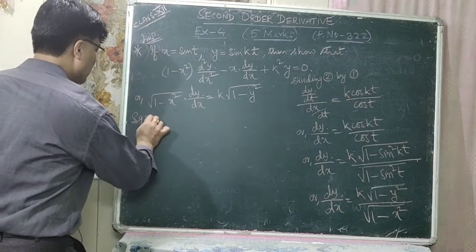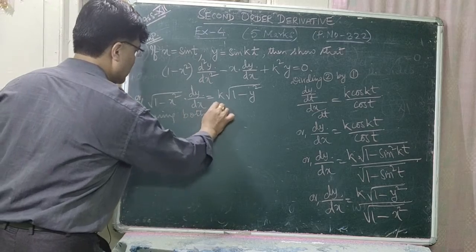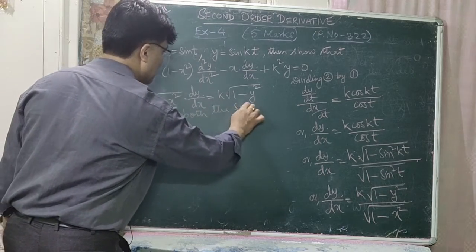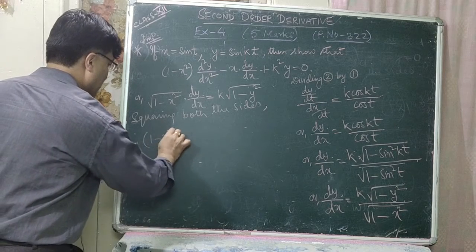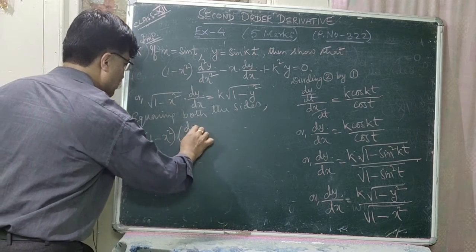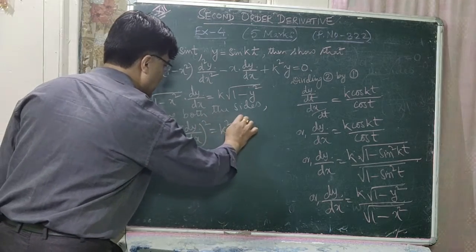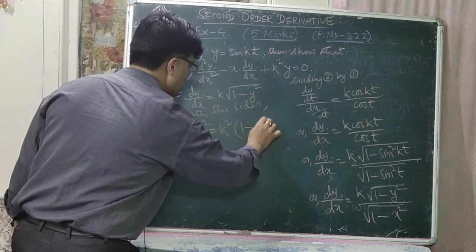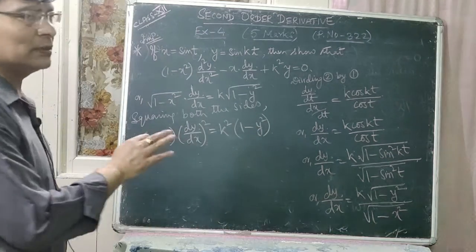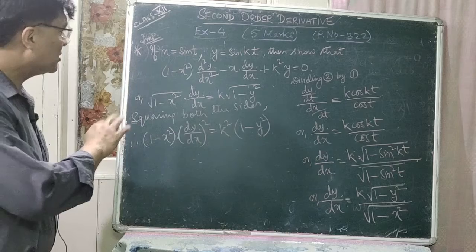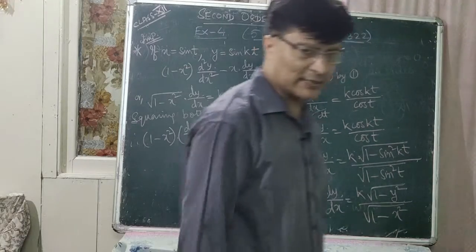So squaring both the sides, what do we get? 1 minus x square into dy by dx whole square, which is equal to k square into 1 minus y square. From both the sides, square root is eliminated by squaring both the sides.